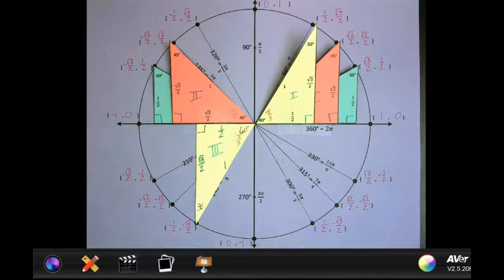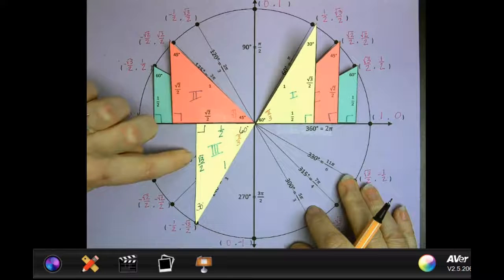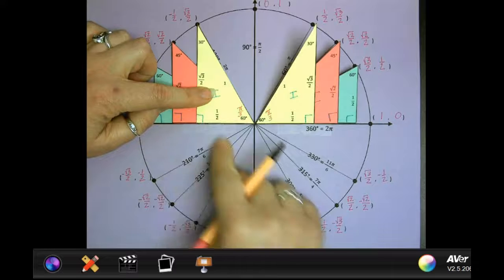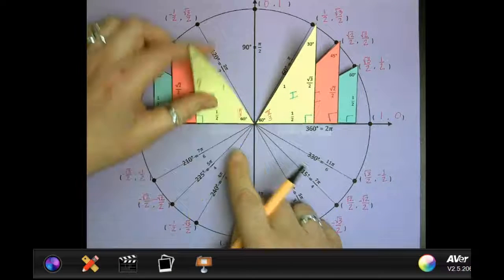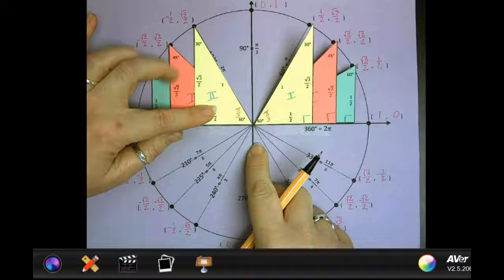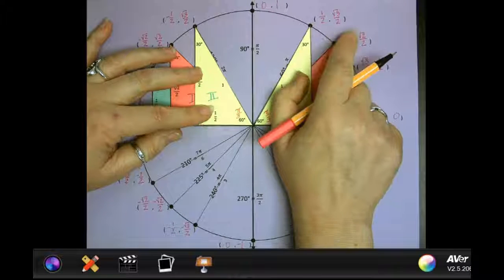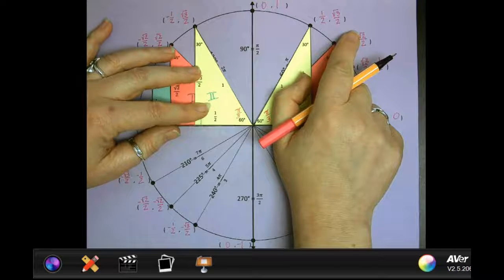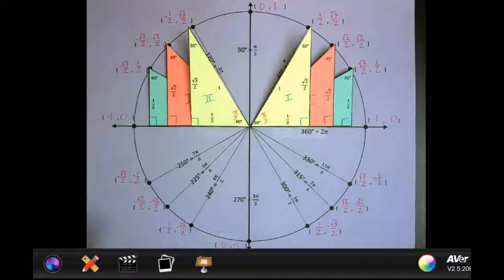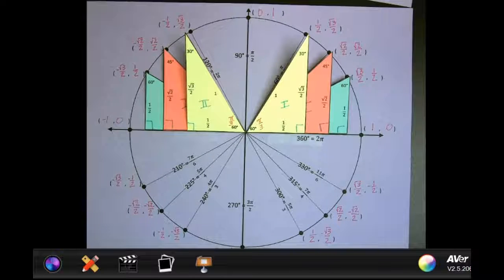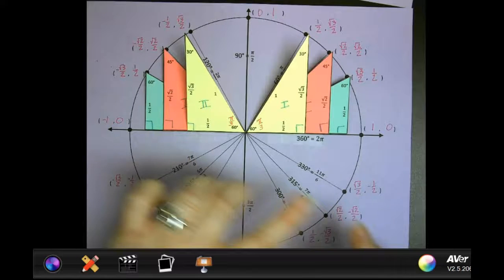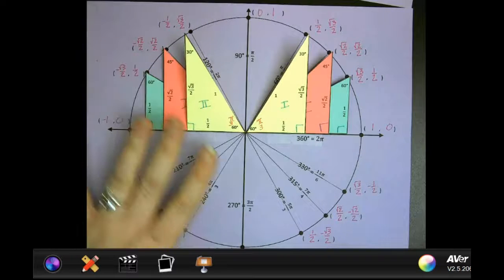All right, so since we have these reference angles, what the ordered pair is here at 4 pi thirds, my reference angle is 60. So all I really have to know is the first. If you understand the reference angles, that is all you need to know.